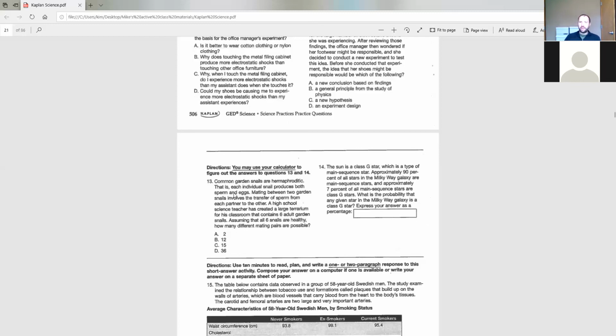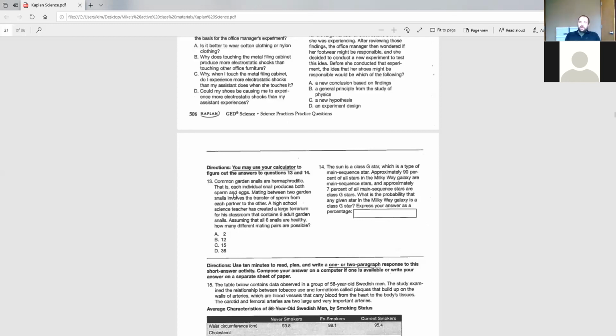On one side we have what percentage of stars are main sequence stars? 90%. So the probability that the star is going to be a main sequence star is 9 out of 10, or 90%. As a decimal, that is 0.90, right?